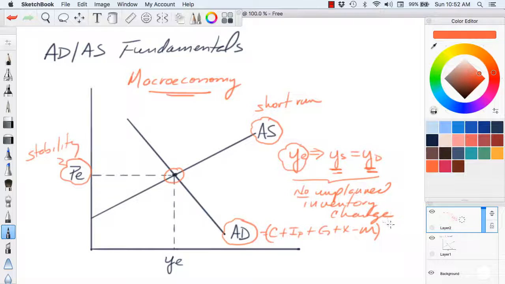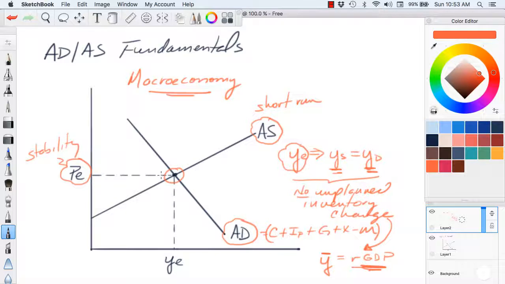If inventory levels are at the right level, businesses feel content with those inventory levels. They have no reason to increase production or decrease production, and we could say that Y, or real GDP, is at a steady state. And remember what Y is, it's real GDP, inflation adjusted GDP. Okay, so we start with this notion of equilibrium.